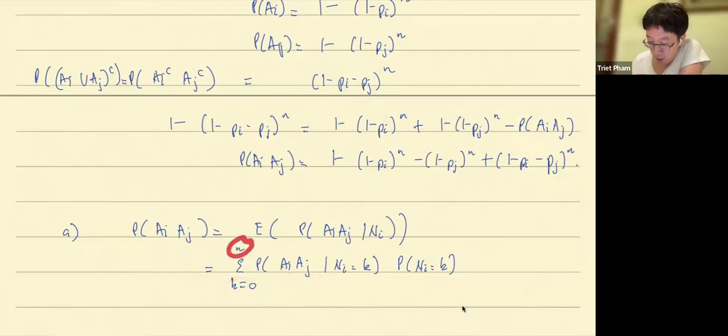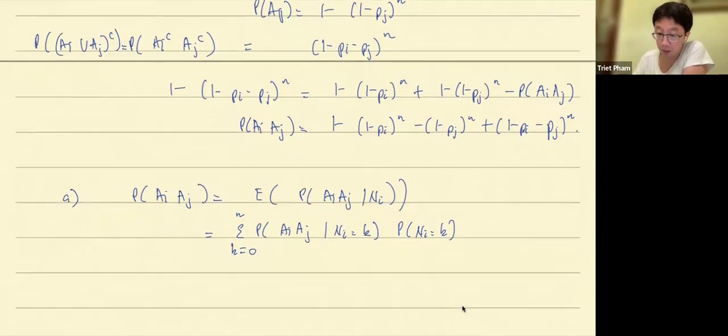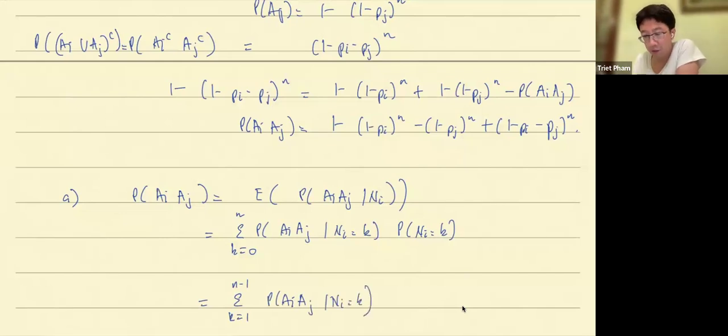Similarly, when Ni equals n, that means all coupons are of type I. Again, then AIAJ cannot happen. Why? Because there's no room for type J to be in the collection. So in other words, you can just replace this with 1 to n minus 1. Useful or not, who knows, but it's probably useful because you have to analyze this in general anyway. But this is just throwing out some easy cases.